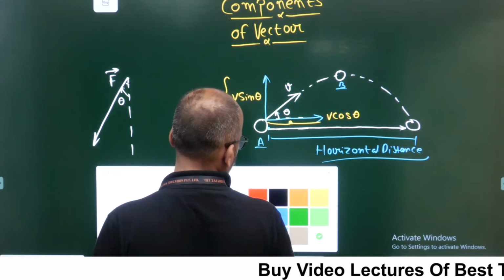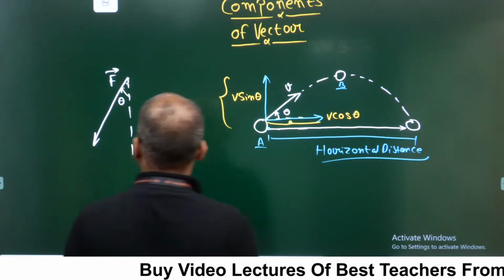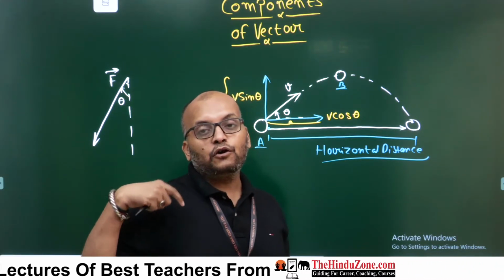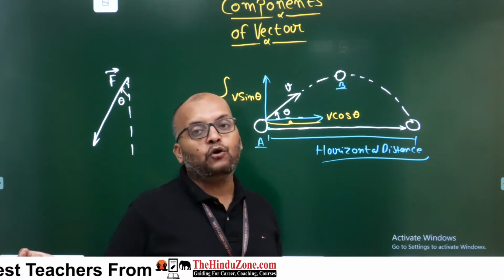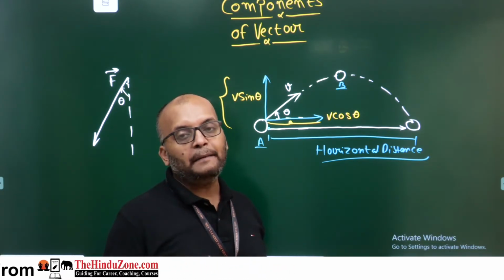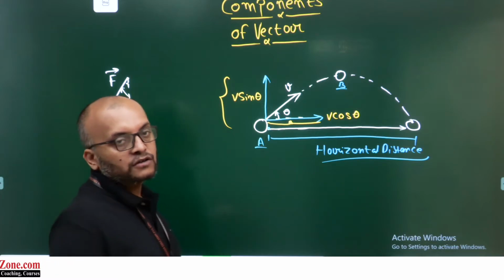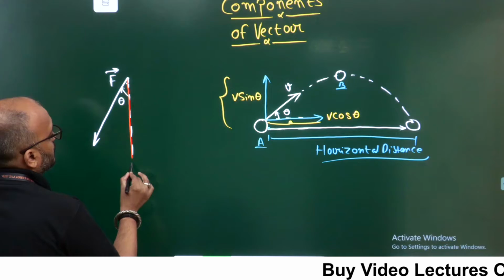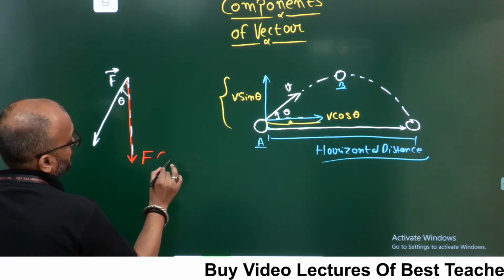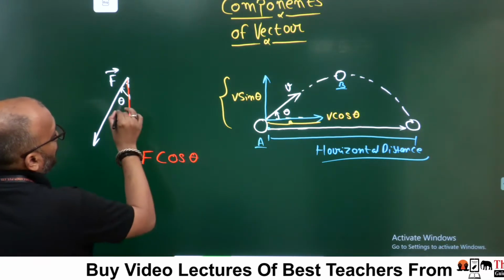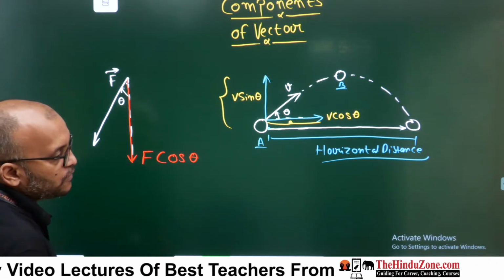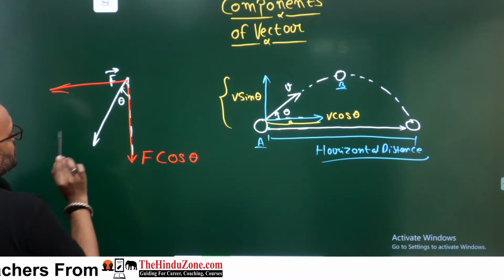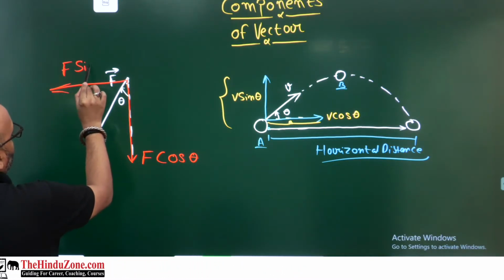Now see, I told you, if you had thought that horizontal will be cos, then this question would not have been solved. Why? Because here, please see, this component will be cos, F cos theta. The component closer to the angle is the cos component, and the component perpendicular to the cos component will be the sine component.